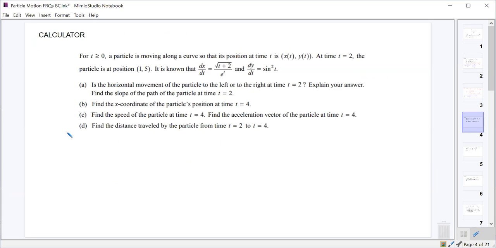So all we'll do is say dx dt evaluated at t equals 2. That ought to be the square root of 4, which is 2, over e squared, and we see that 2 over e squared is most definitely positive. So we say it's moving to the right because the dx dt component is positive.